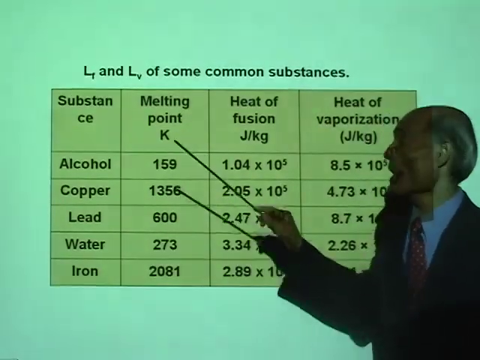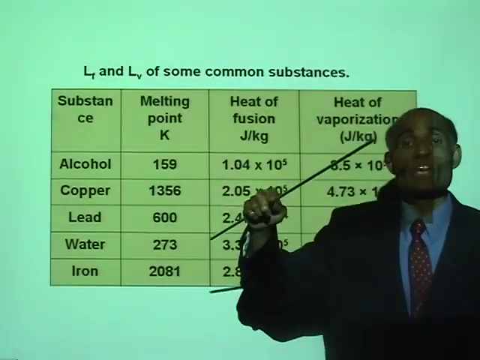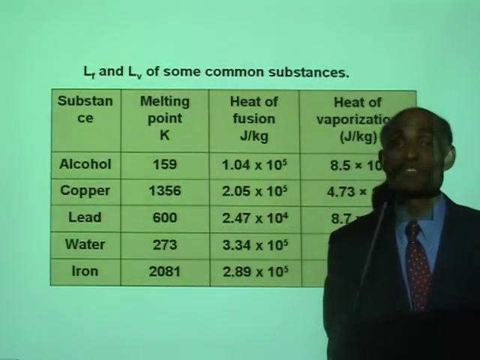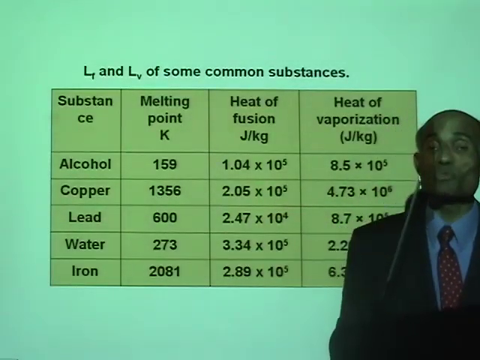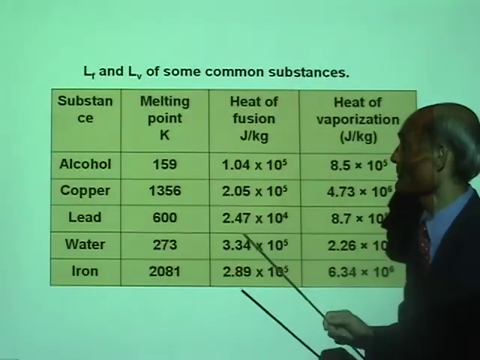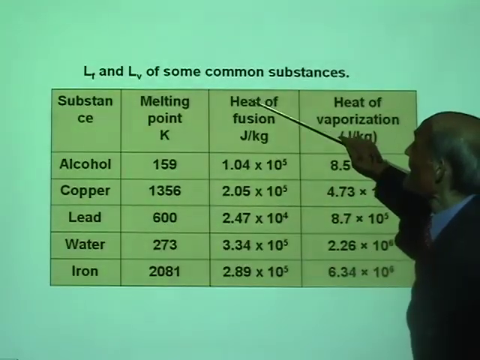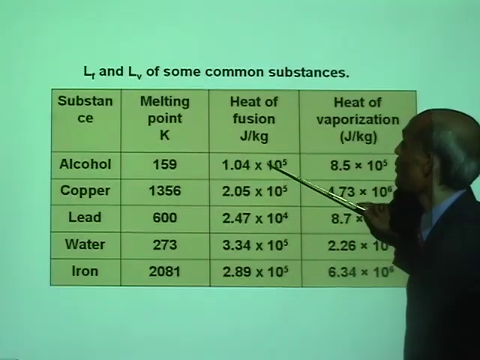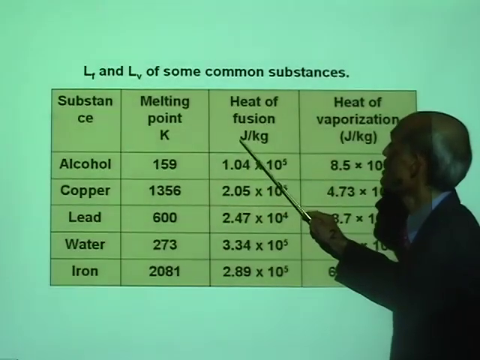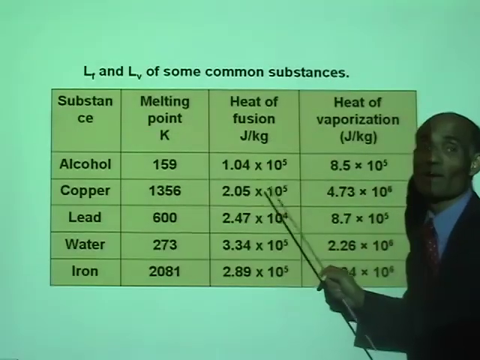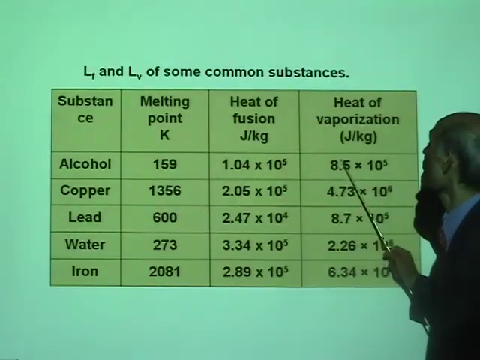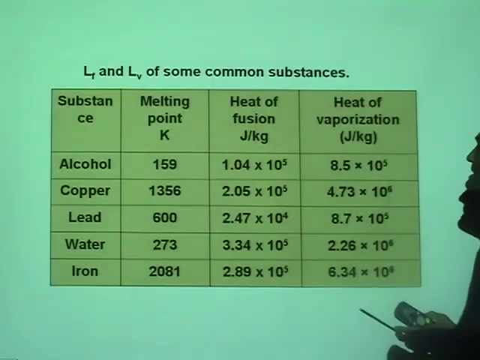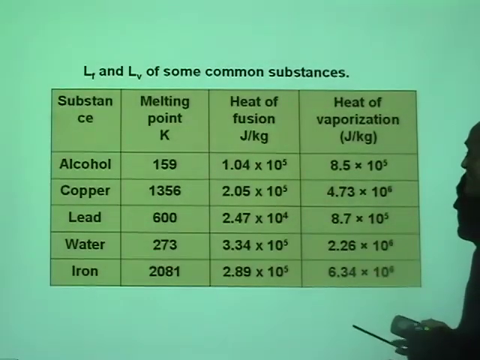Now remember, 159 Kelvin is below 0 degrees Celsius, because 0 degrees Celsius is 273 Kelvin. The latent heat of fusion is 1.04 times 10 to the 5 joules per kilogram, and the latent heat of vaporization is 8.5 times 10 to the 5.